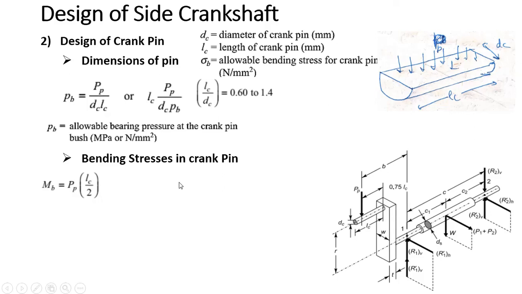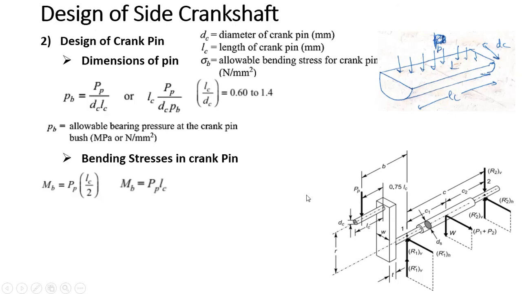In other words, in the first case we assume that the load is uniformly distributed along this crank pin. In that case the equivalent load will act at the center, and the moment will be PP into L by 2, so that means PP into LC by 2.